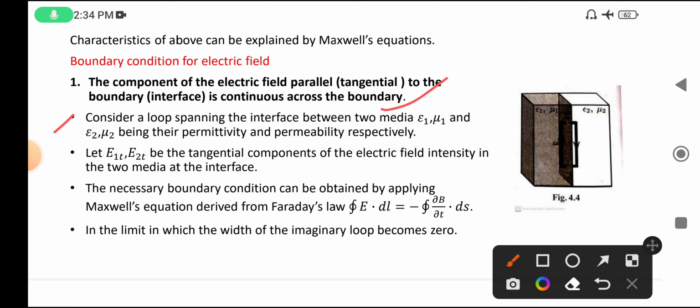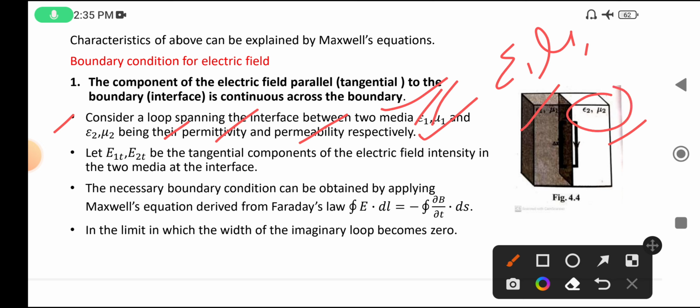Spanning means spreading. So two media, epsilon 1 mu 1 and epsilon 2 mu 2, being their permittivity and permeability respectively.